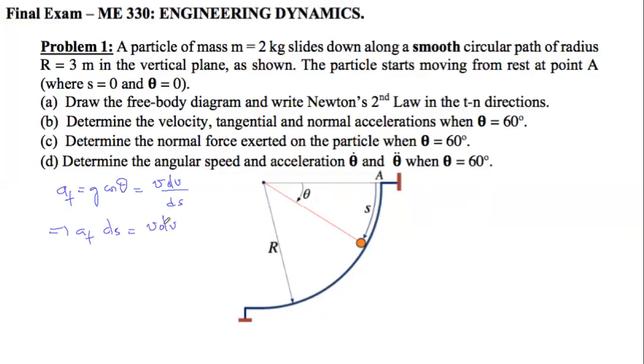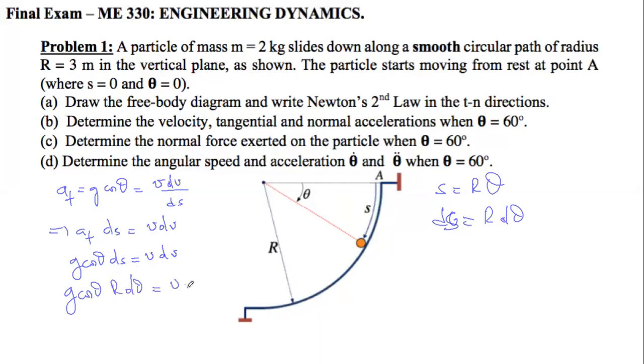This is one of the kinematic equations. So that means g cosine theta ds is v dv. But you remember, s is r theta, meaning ds is r d theta. So I'll replace ds: g cosine theta r d theta equals v dv.